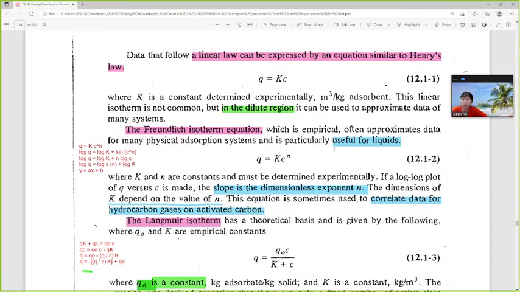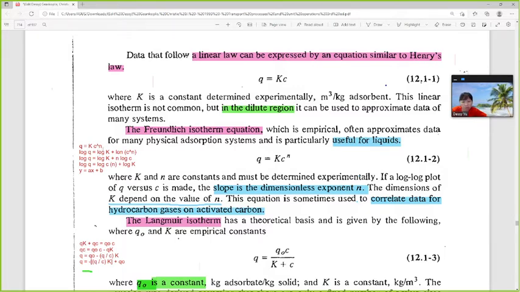From equation 12.1.2, we can take the logarithm of this equation, q = Kc^n, to separate n.